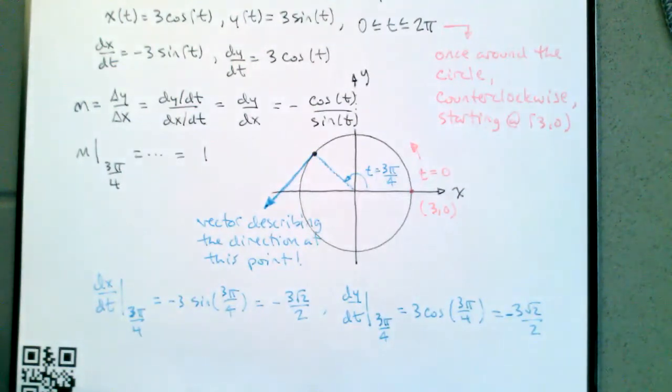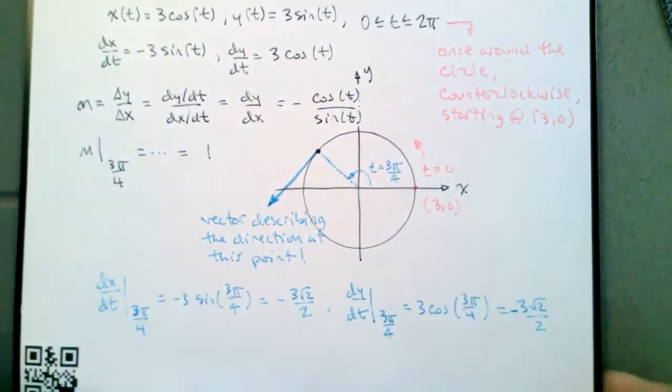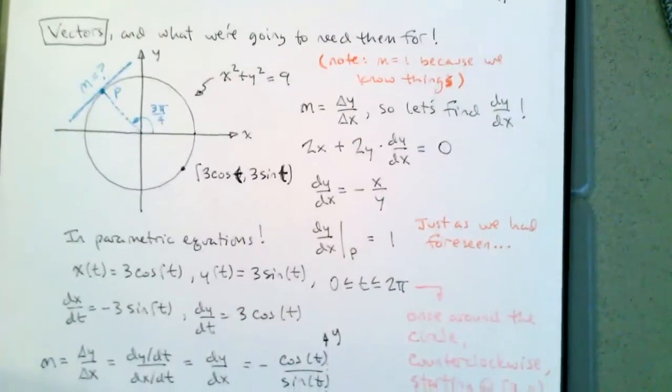So what we know is that we can take a path, a one-dimensional curve in two-dimensional space, and instead of describing it with a function or an equation, we can parameterize it. So remember how we describe things.